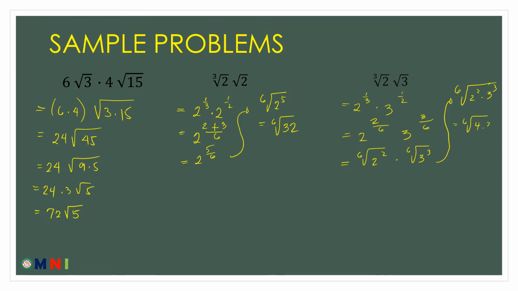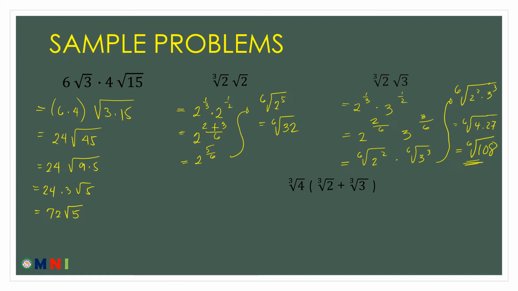And 2 squared is 4, 3 cubed is 27, therefore the final is the 6th root of 108. So this one is the product if we multiply different indices and different radicands. And here is the same radicand but different indices.